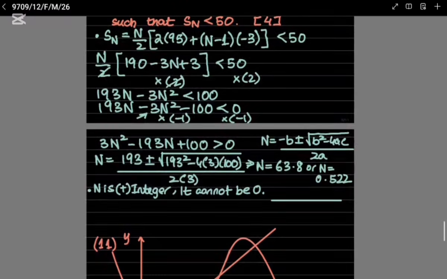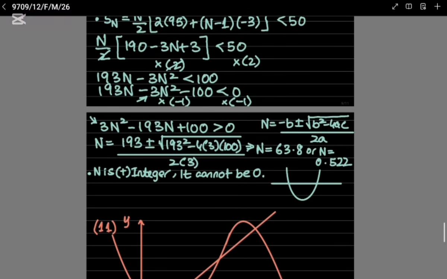We have 3n squared, so the graph looks something like this. You should know this from quadratics. We found the solutions to be 0.522 and 63.8, and we said that it's greater than 0, meaning it's above the x-axis, so this part and this part. This implies that n is less than 0.522 and n is greater than 63.8.